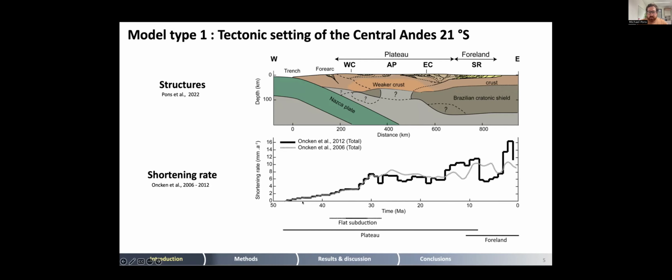You can see here the shortening rate, which shows how the shortening has been changing and varying over time. We were interested in understanding what controlled the pulses of shortening rate in the last 15 million years.